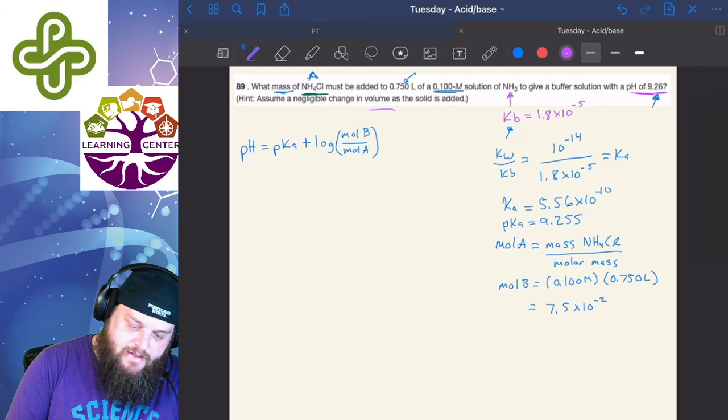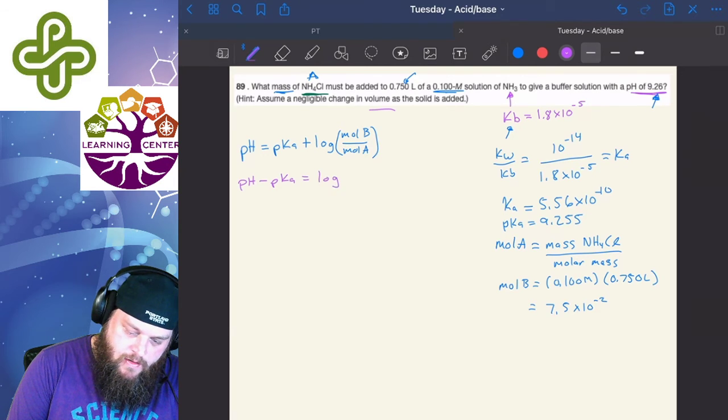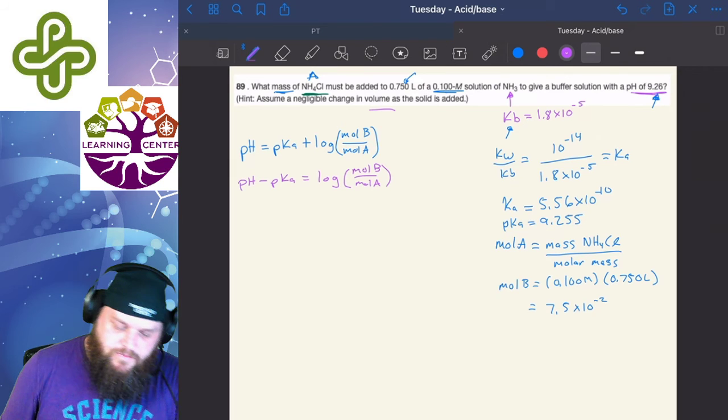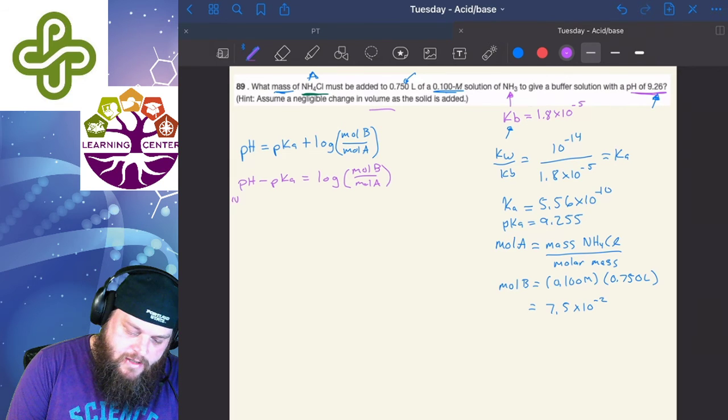In this case, I can say that the pH minus the pKa is equal to log of the mole of base divided by the mole of acid. I can then take 10 to the power of each of those values, and say that 10 to the power of pH minus pKa is equal to that ratio of mole of base divided by mole of acid.